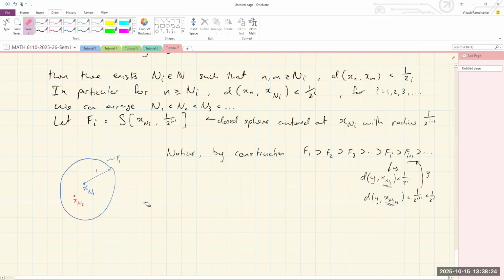So Xn2 is in F1. And now I'm going to take a closed sphere around this guy. So this is when I is equal to 2, of radius 1/2. And this is F2. Okay, so these are the closed balls that I'm constructing.